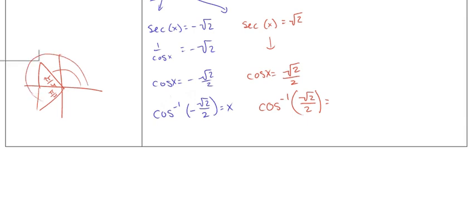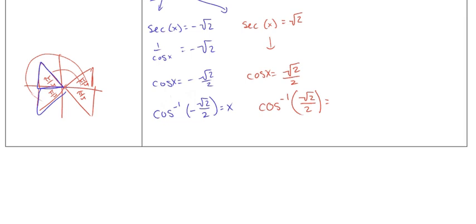Those should have probably been in blue, so that's the negative part right there. However, it's also going to be positive. So here we have pi over 4 and pi over 4. Every one of those reference angles gives us one of our values where cosine is equal to either root 2 over 2 or negative root 2 over 2.